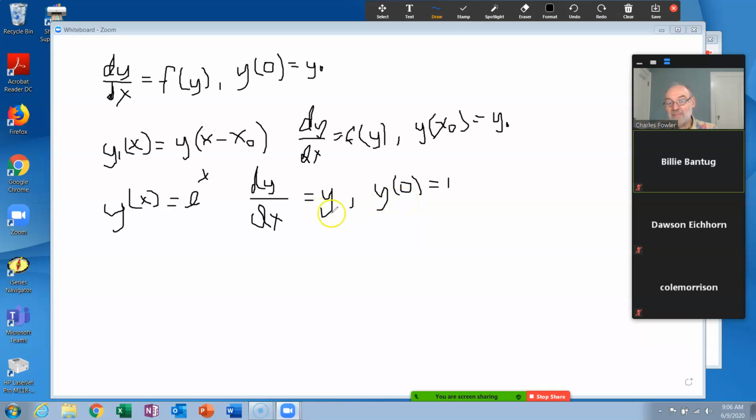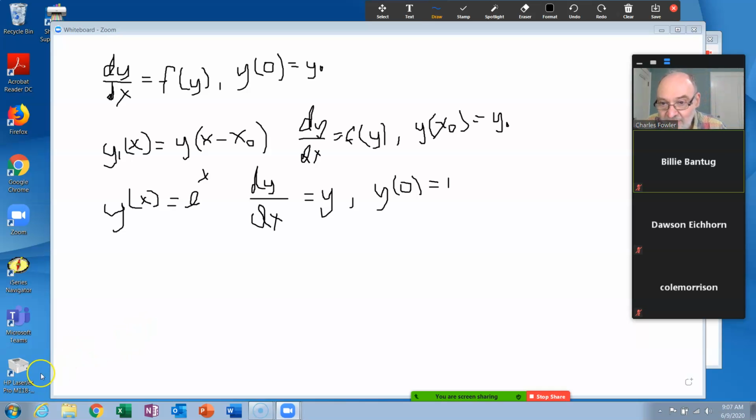You really should say plus c or whatever, but when x is equal to 0, y is equal to 1. Okay, so there is your solution.